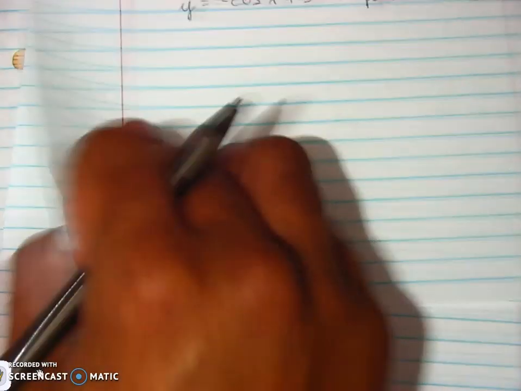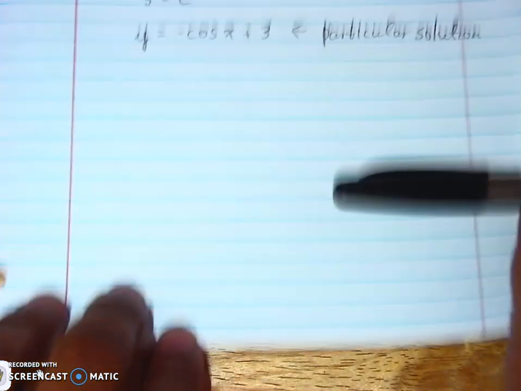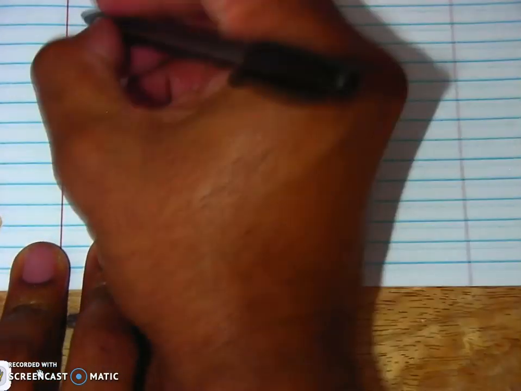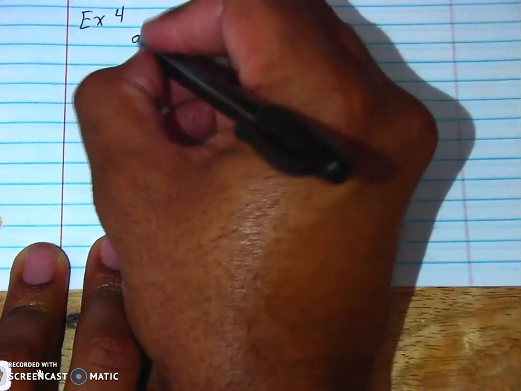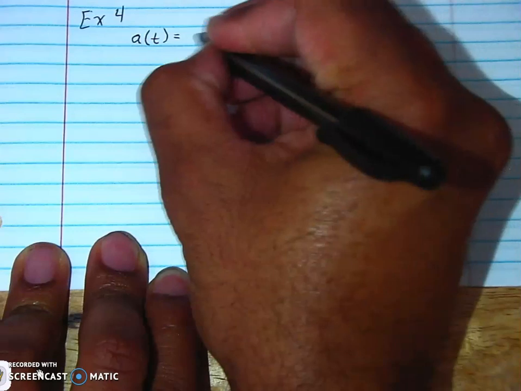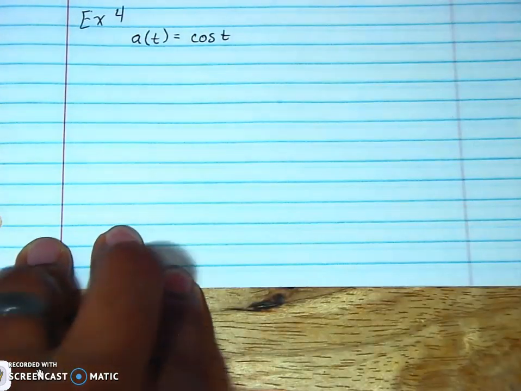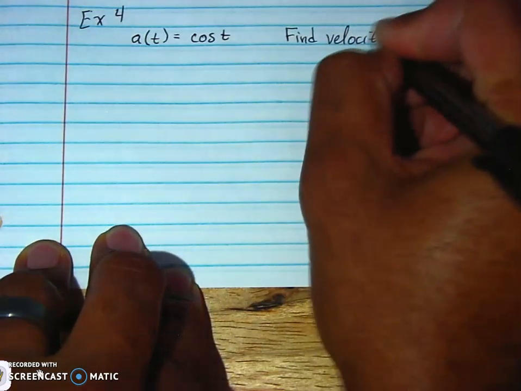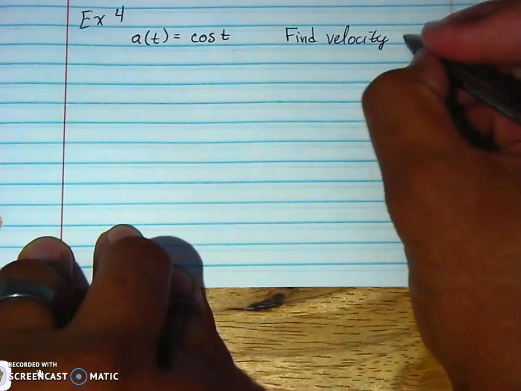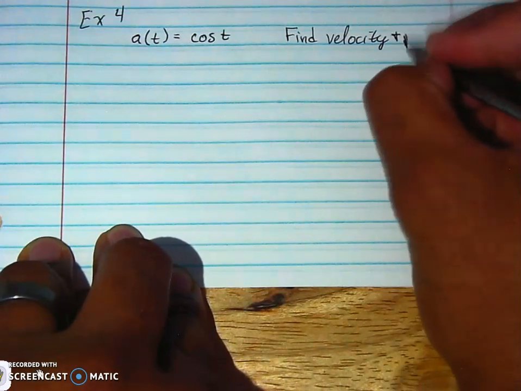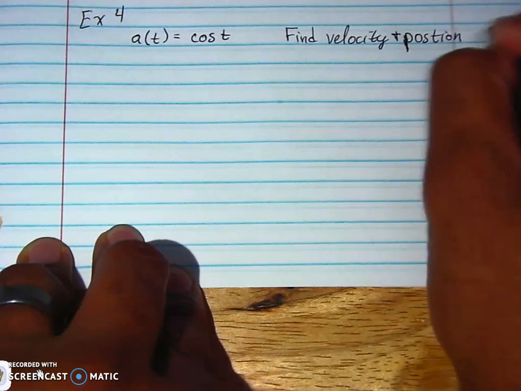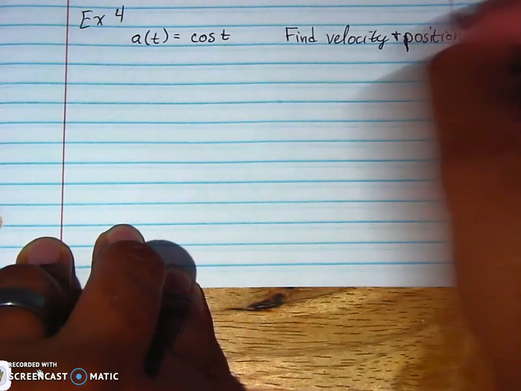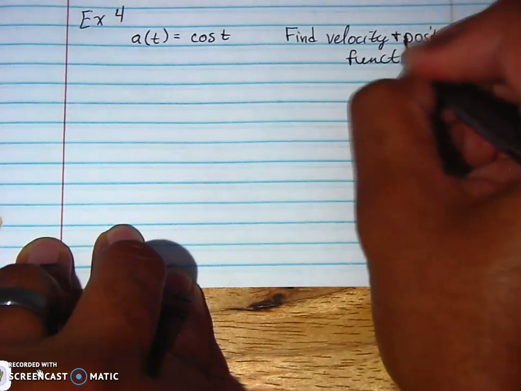So here, they gave you the acceleration, a of t equals cosine of t, and they say find the velocity equation and the position equation, or function, as they call it in this problem.